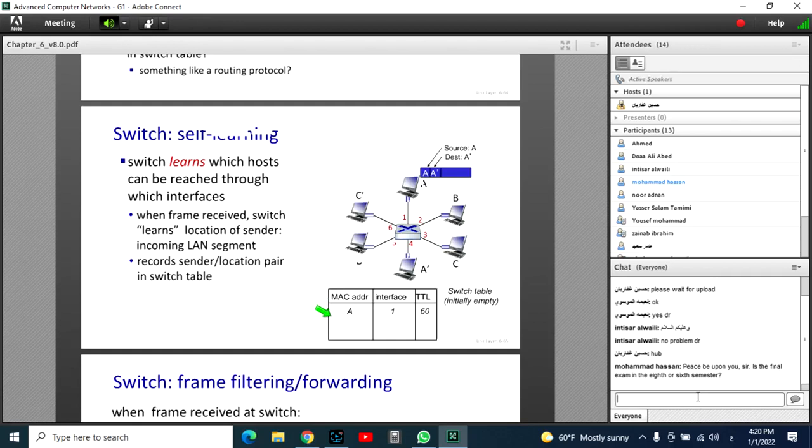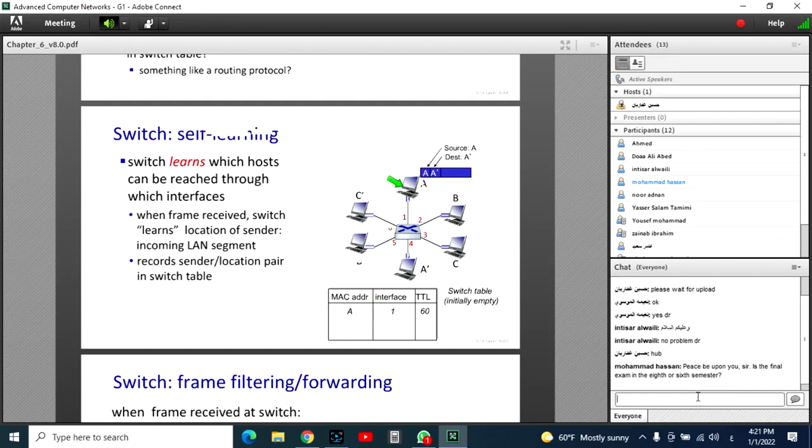But if there is no record in the switch table for MAC address A, the switch will write one. I received a frame with MAC address A over interface number 1. You get this?